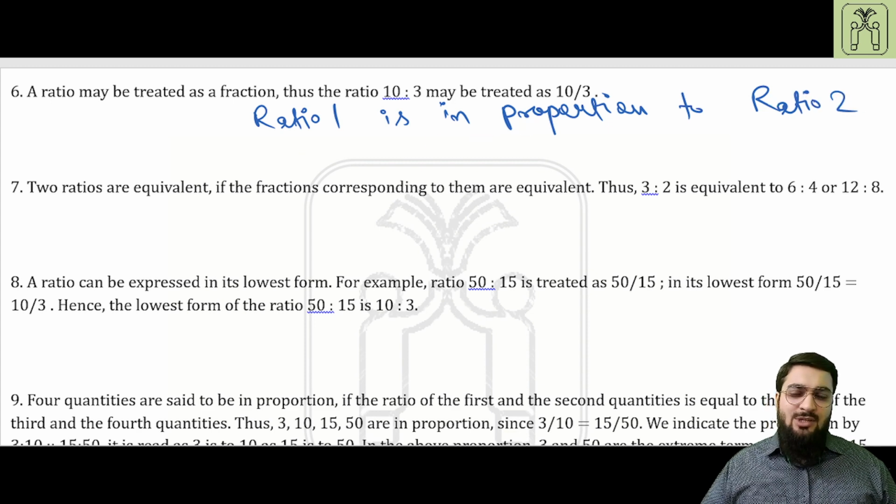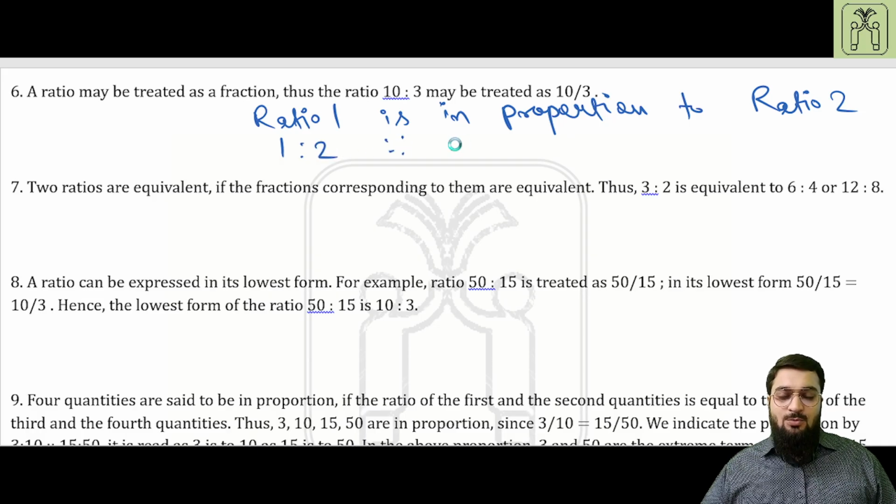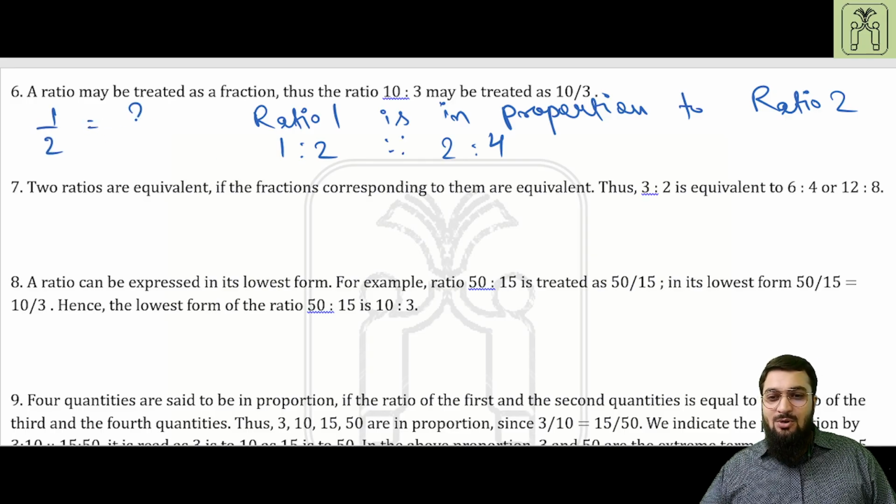All these things have been discussed in the previous video. This is a revision video. Ratio 1 is in proportion to ratio 2. Therefore, this means 1 is to 2 is in proportion to 2 is to 4. And this means that 1 upon 2 is equal to 2 upon 4. And these are equivalent fractions.